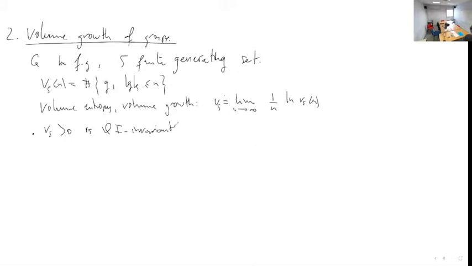And also, if you take quasi-isometric groups, they will be simultaneously positive or not. And in this case, we say that G has exponential growth. We have many examples of that, for instance the free groups, the surface groups.